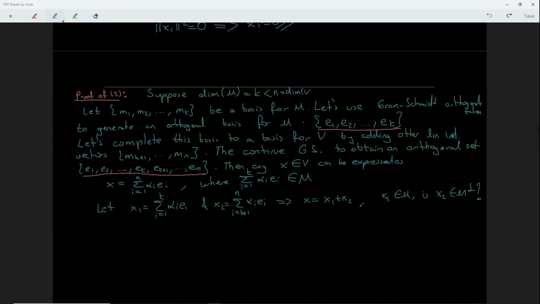So we are almost done with the proof. I just wrote the first k elements as x1 and the remaining terms as x2. So I know that x1 is in M, but we don't know if x2 is in M perpendicular.